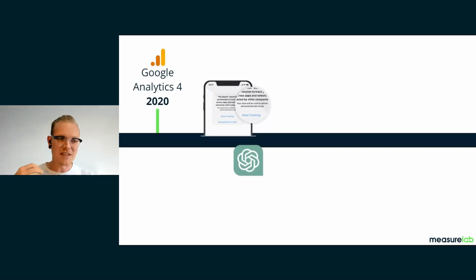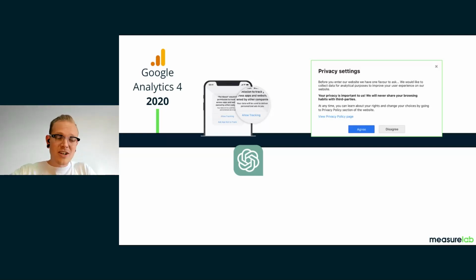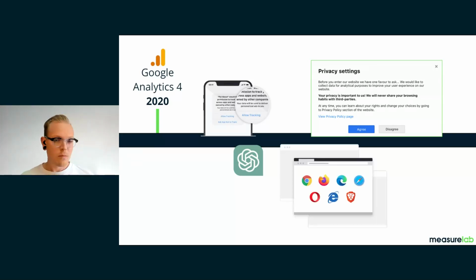We've got things like the big rise of large language models, generative AI, and things like ChatGPT that's coming around. We've also got the continuously evolving aspect of privacy legislation, GDPR, the stuff that's happening in Brazil and the USA that are following suit. And so whether we can track, how do we gain consent and ethical tracking is coming up. But then also the browser technologies are changing.